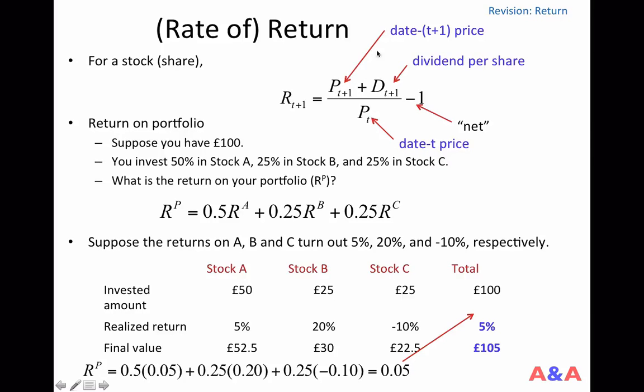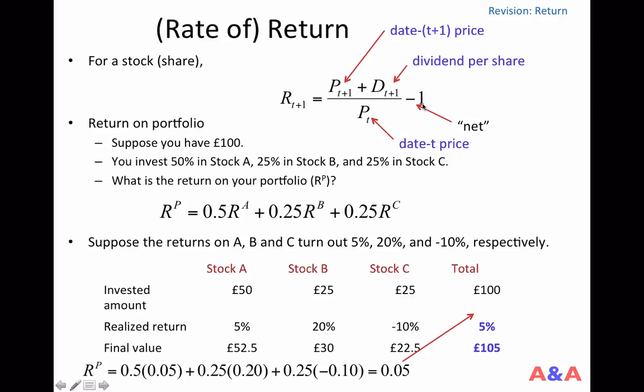P_{T+1} is date T plus 1 price, and D_{T+1} is the amount of dividend that is paid per share, and that's paid at date T plus 1. You sum these two up and divide by today's price, P_T. And in the end, you subtract 1.